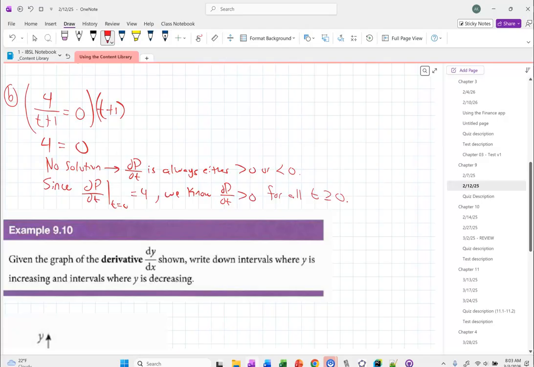Now there's more I could still do with this, right? If I want to say, okay, well this population is growing always. Everybody agree? Is it going to tail off though? Is that population growth going to be like, we're just getting bigger and bigger and bigger? Yes, but does that population growth itself slow down?